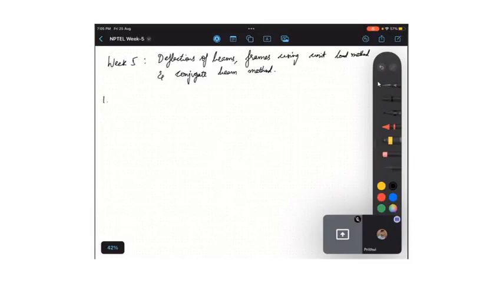We have a continuous beam with a hinge between roller supports and the overhang portion.